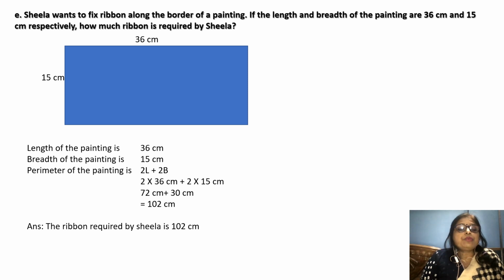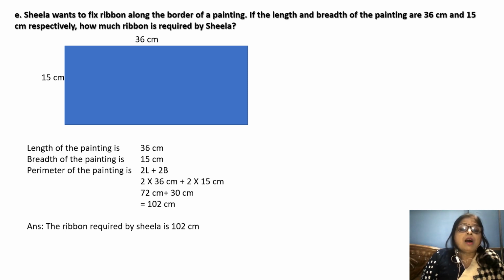Students, your next question is, Sheila wants to fix a ribbon along the border of the painting. If the length and breadth of the painting are 36 centimeter and 15 centimeter respectively, how much ribbon is required by Sheila? So this is your rectangular painting whose length is 36 centimeter and breadth is 15 centimeter.